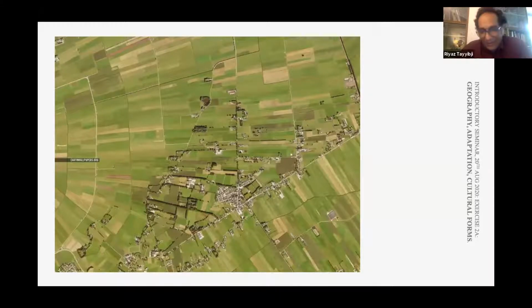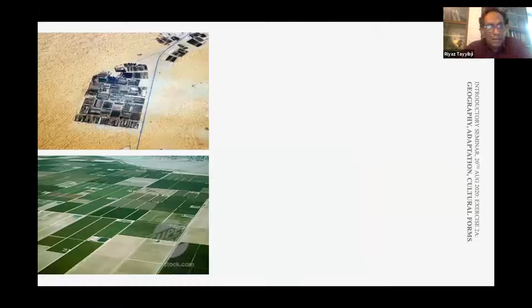I use man as a general term. To live in some semblance of security. But as we have been discussing through the studio, our tools have become extremely powerful, and we are able to transform environments which were completely devoid of any habitation to environments which can now be inhabited.